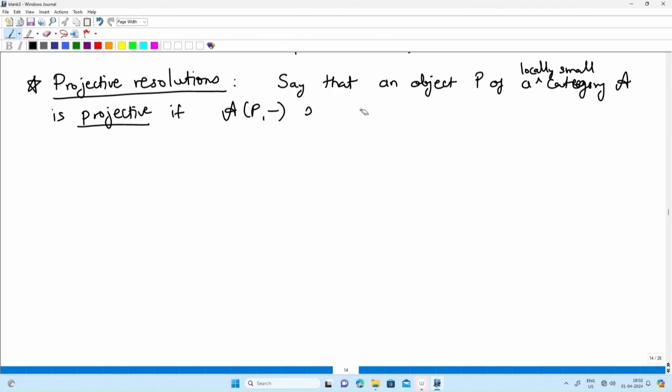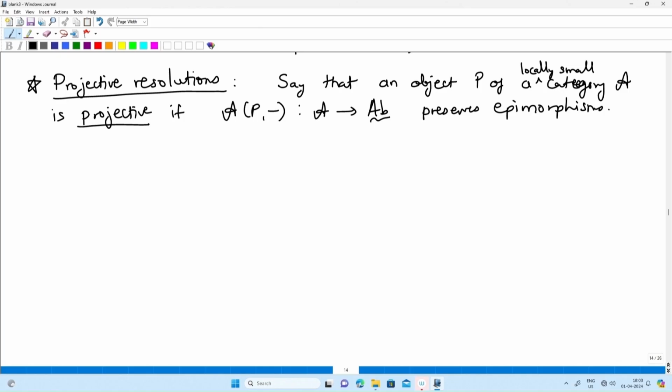AP blank, so this is happening from A to, in this case, R, but if you have locally small then you can also do it to sets. If this preserves epimorphisms, this is the definition.